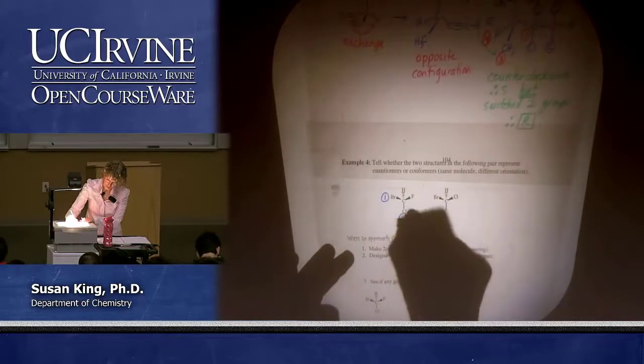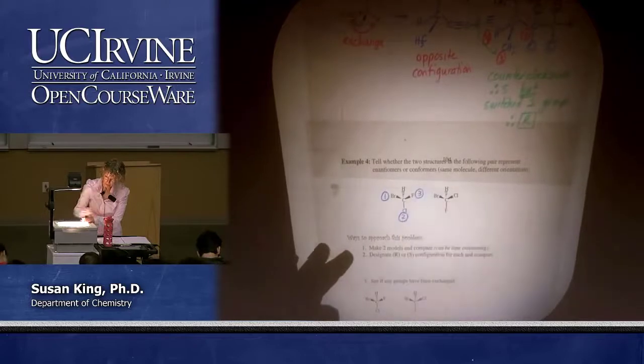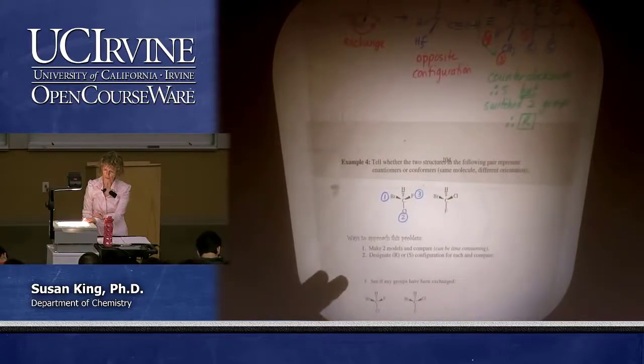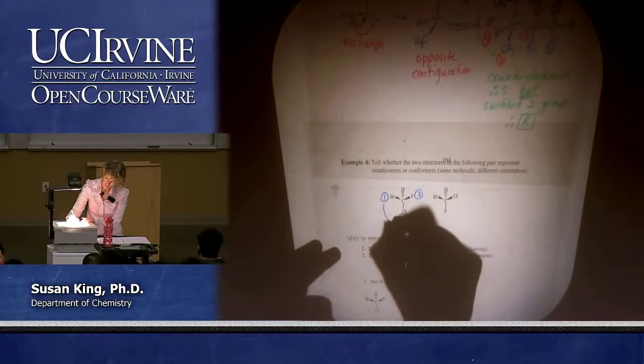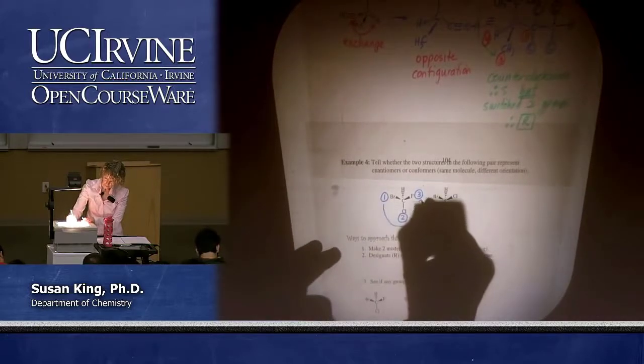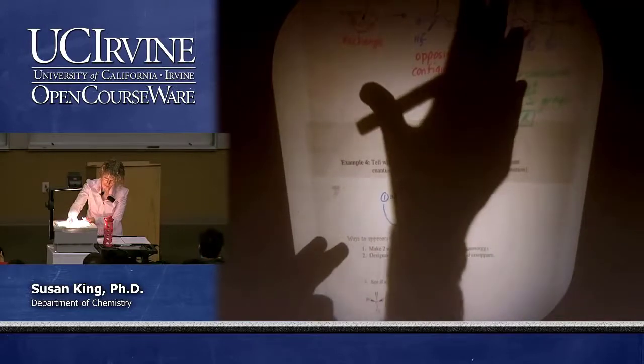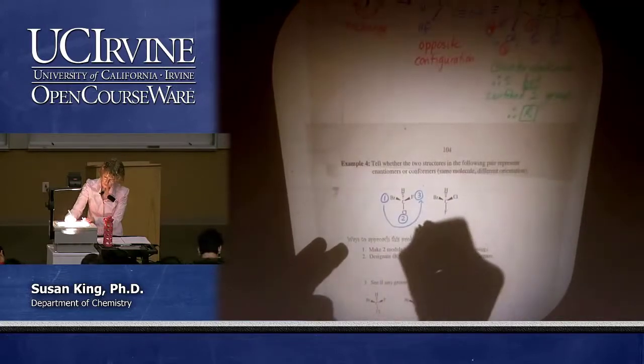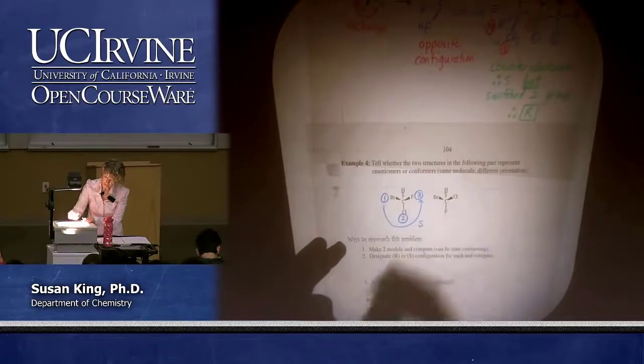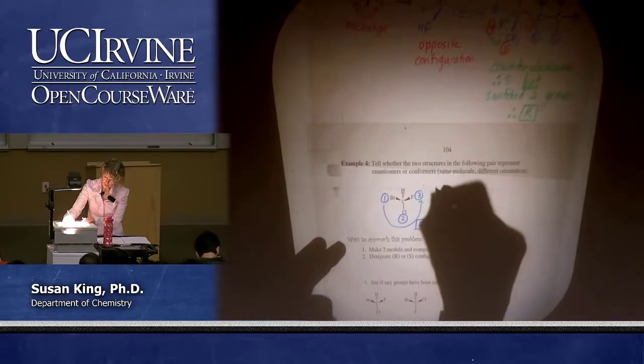So what we can do is 1, 2, 3. Everybody agree with that? Bromine has a higher atomic number than chlorine than fluorine. So this one here, we're just comparing the 2 to see what the relationship is. So that is going counterclockwise, so that's S. And then I could do the same thing over here.